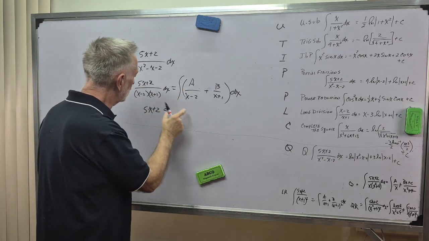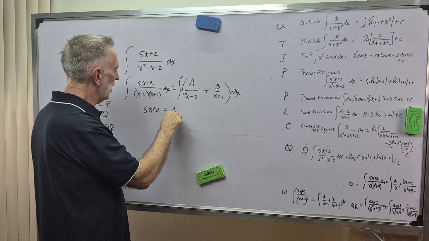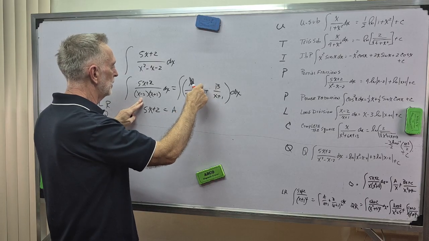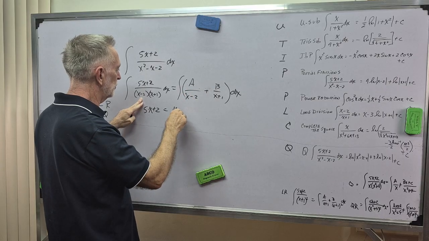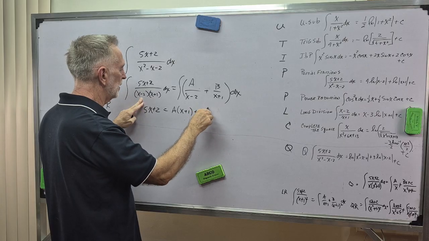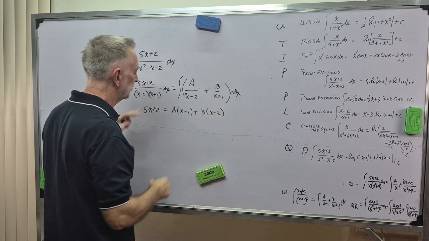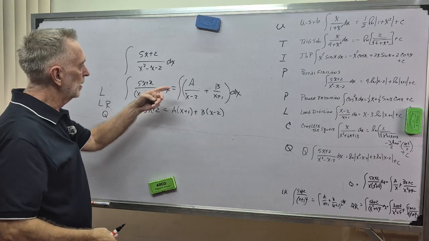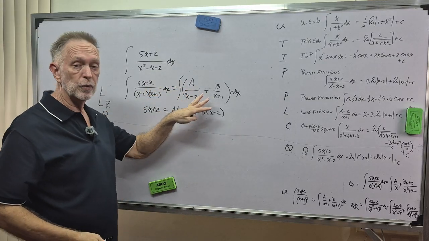If I do that on the other side, I'm left with a, x minus 2, x plus 1. The x minus 2's cancel. I'm left with x plus 1 plus b, x minus 2. The goal is to solve for a and b and plug them back up here and go through the integration.